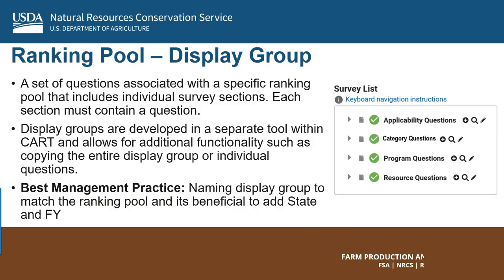And before you publish your display group, we always caution each time we give one of these trainings, that you please test it in the training environment to ensure that you are seeing what you intend to see, that you're matching the assessments to your pool that you're intending to match, and that the geospatial questions that you've developed are being answered as you intend for them to be answered.